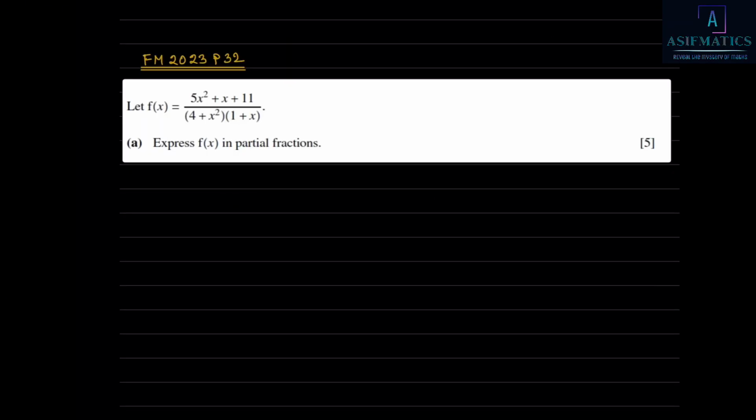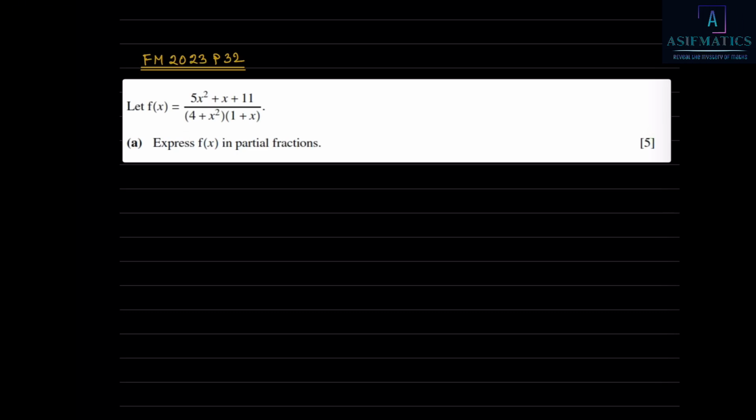Here we can see this problem, and this is a kind of quadratic form. This is the usual problem where a function of x is given and you have to express the function of x in partial fraction form. As usual, we need to do our first check, to see whether it is proper or improper.